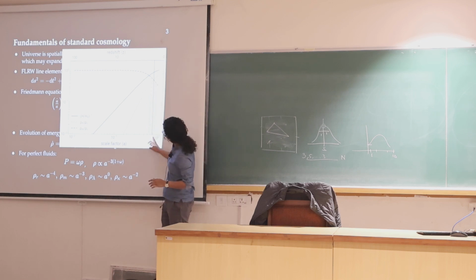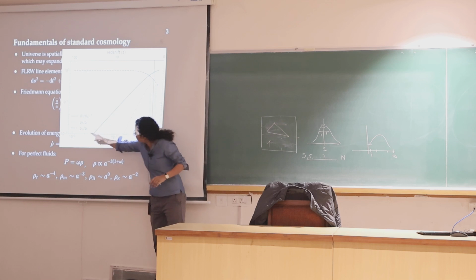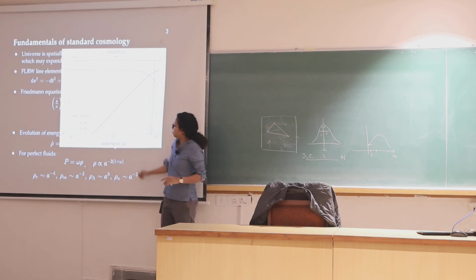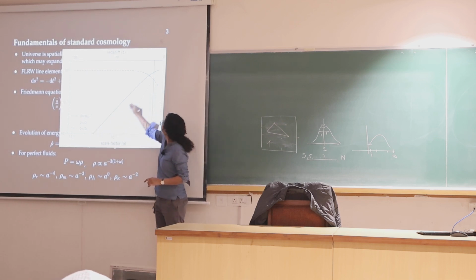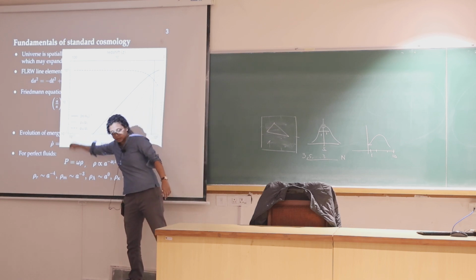So for this epoch, this scale factor, the contribution to the total energy is 50-50. 50% is coming from matter, 50% from dark energy. So this is some very recent scale factor. This is the current scale factor. This is us today, at present, and this is our past.